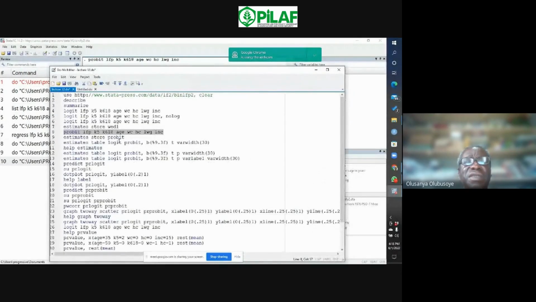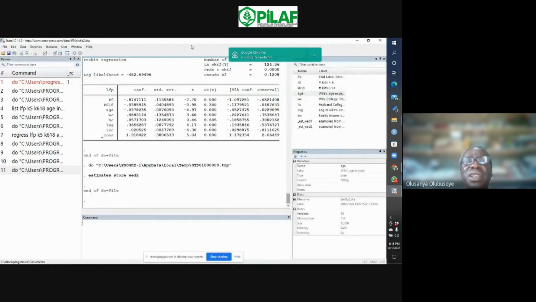So let's finish this. I store the result from that probit and keep it as Wednesday 2. Just remember that Wednesday 2 is the result from the probit. In fact, you will see them here: estimate Wednesday 1, estimate Wednesday 2.